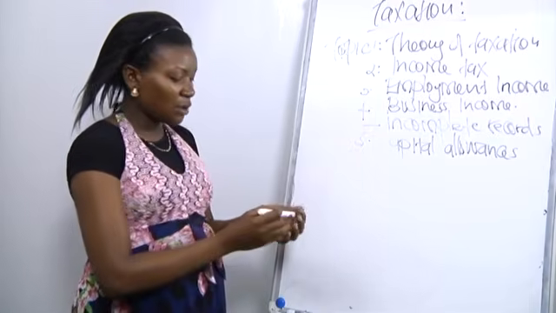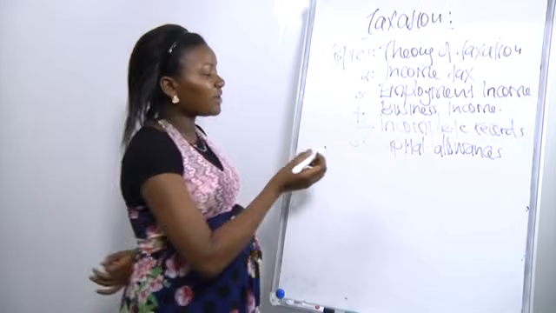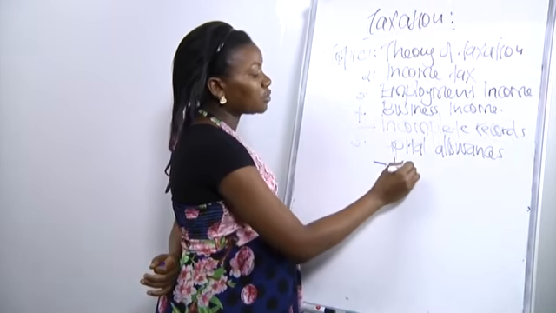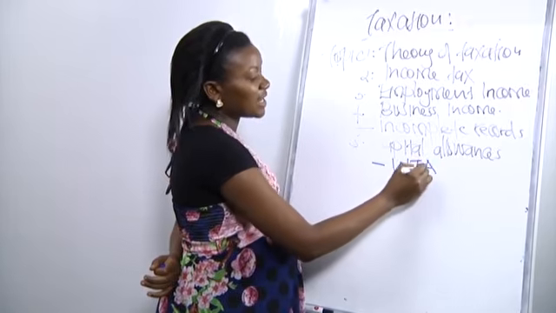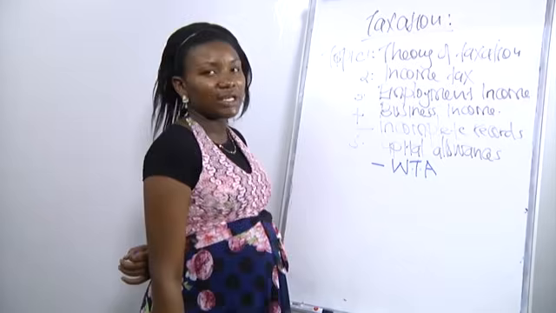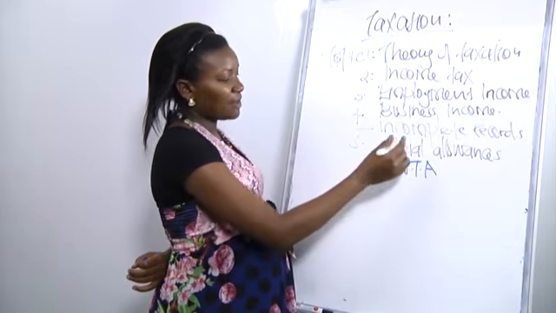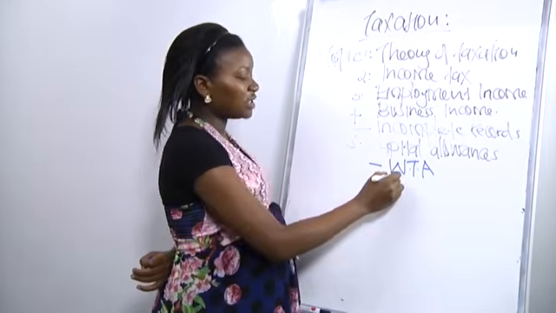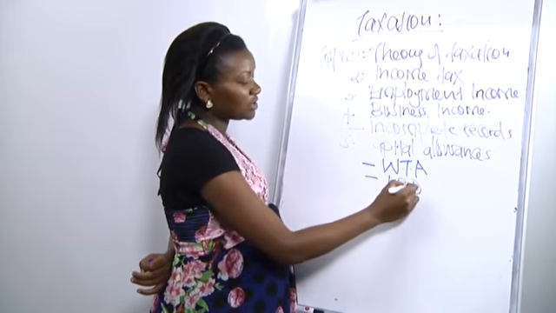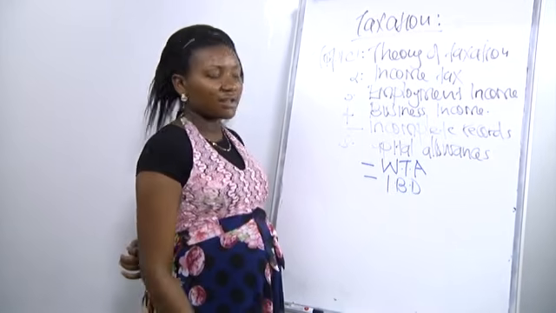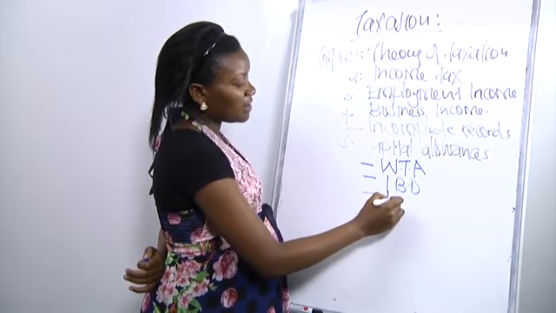So under the capital allowances, we are going to talk about a capital allowance called wear and tear allowance, or rather WTA. We are going to talk about another capital allowance or deduction called industrial building deductions. We are going to talk about another topic called investment deduction.